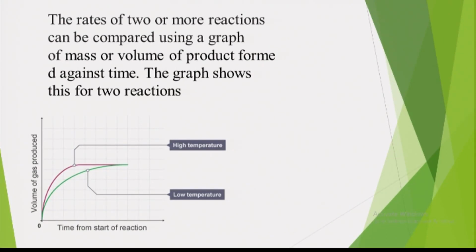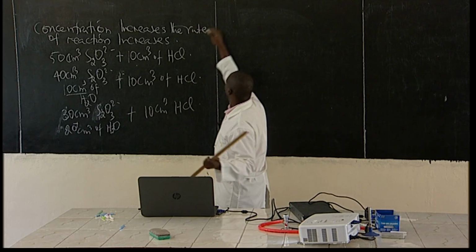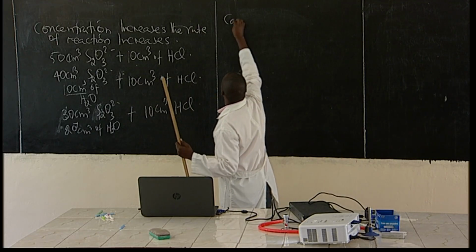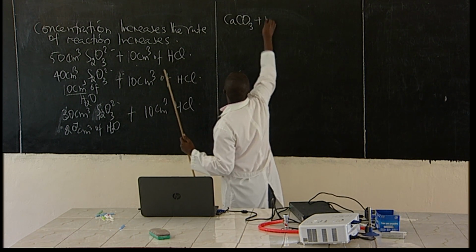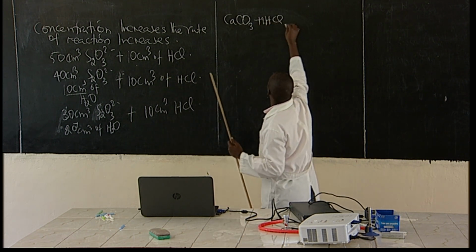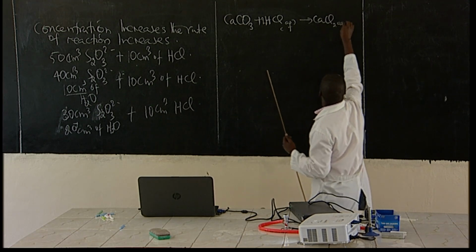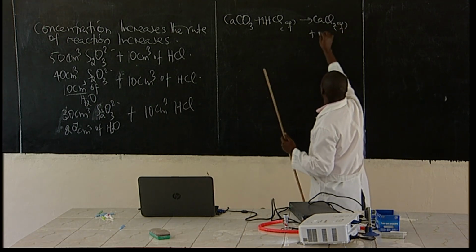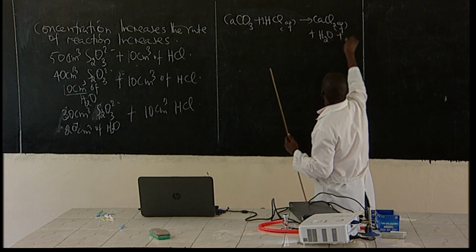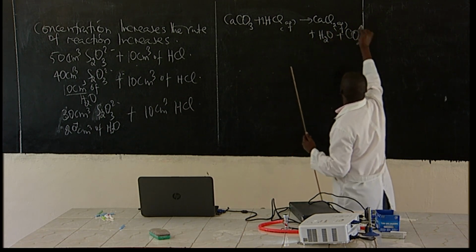So these are two reactions now compared. Some reactions, not necessarily this one, but we usually use this reaction: calcium carbonate reacting with hydrochloric acid to produce calcium chloride, which is aqueous, plus water, plus carbon dioxide gas.